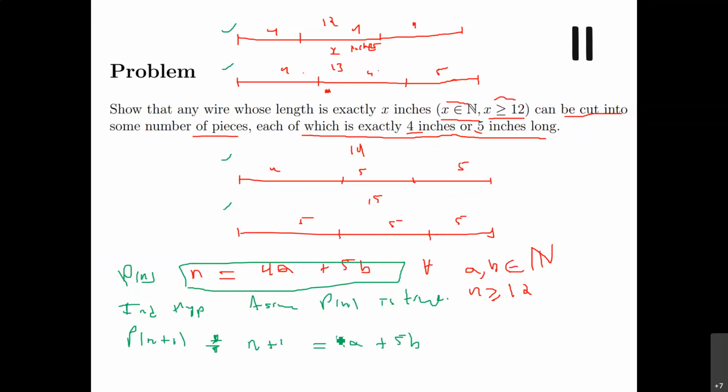Can you find some a and some b here? So I'm reading some of what you're saying, 4a plus 5b. Then you said you tried to break this 5 into a 4 and a 1. No, I don't think that's gonna be the way.